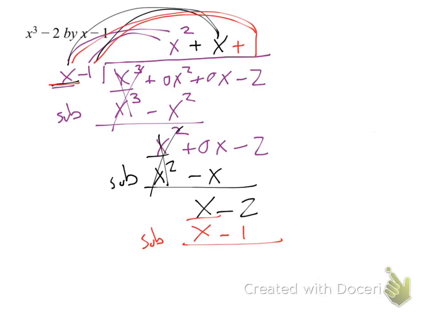And x minus x is gone. Negative 2 minus a negative 1. That means you are adding. What's negative 2 plus 1? Negative 1.